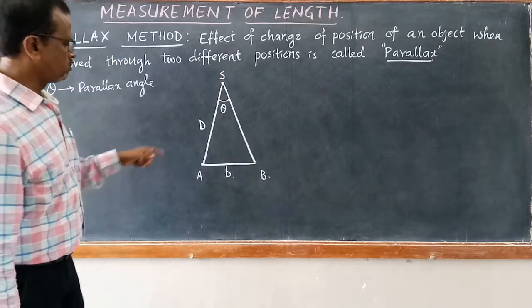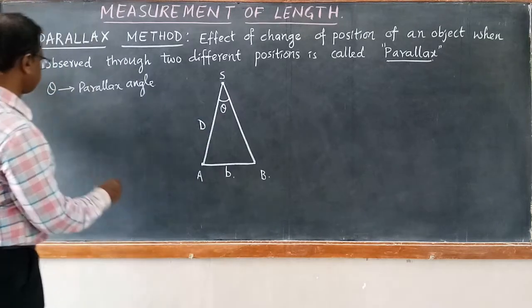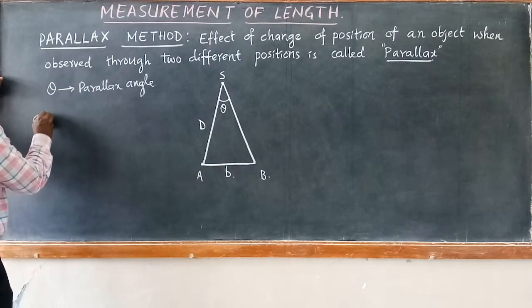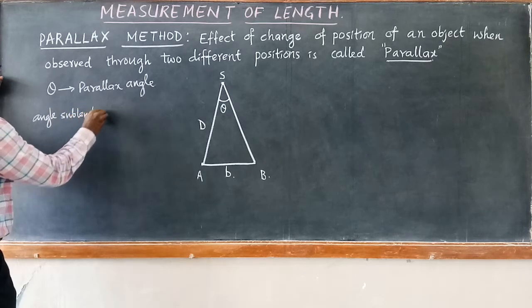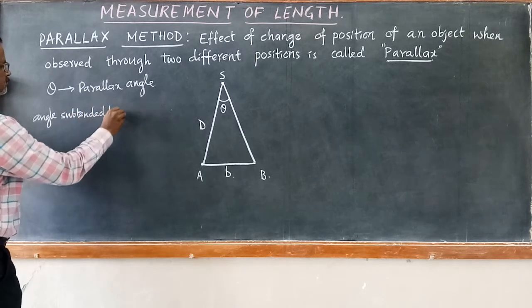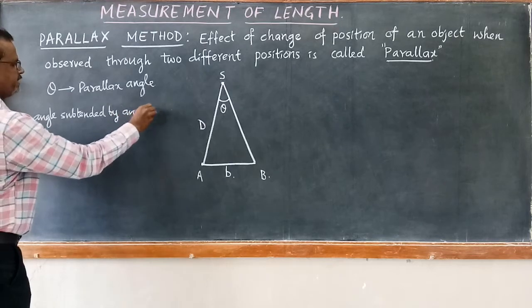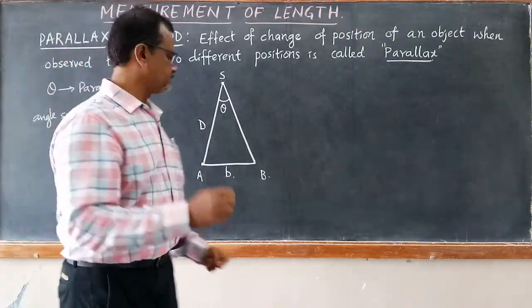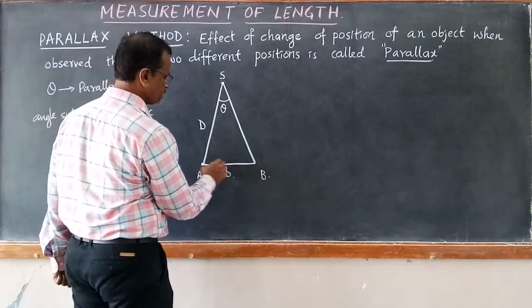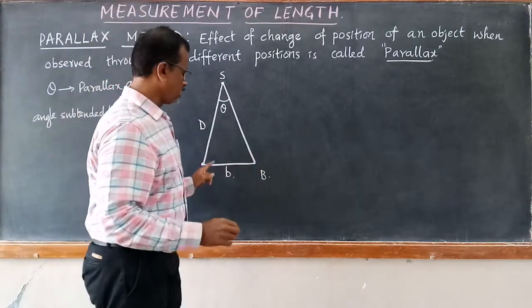We know by definition the angle subtended by an arc, which we defined yesterday. We consider this AB as an arc. Almost, we consider this distance between the observation points.